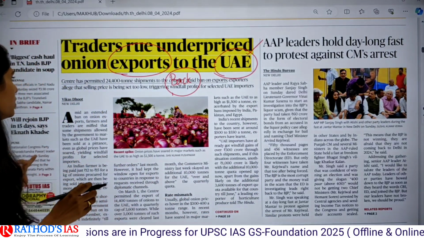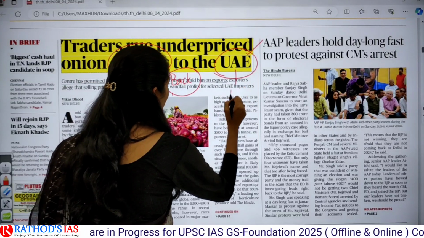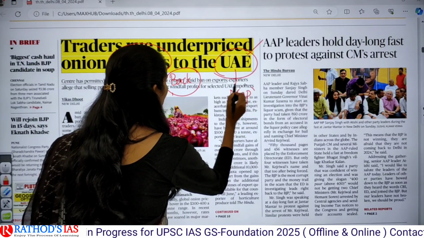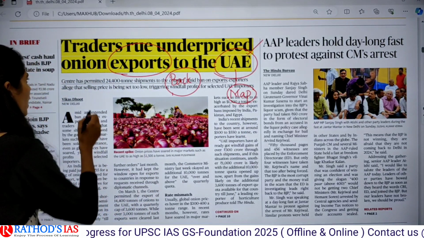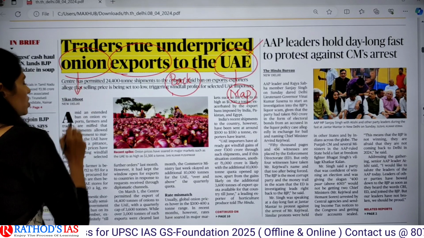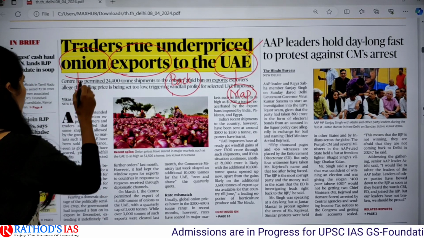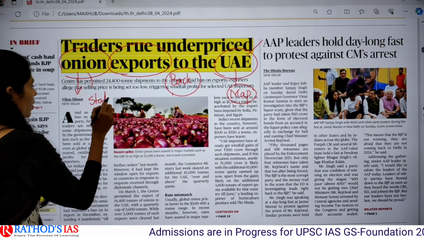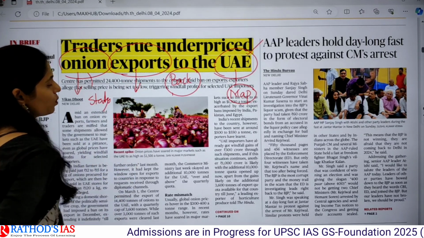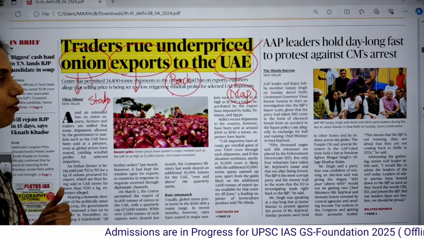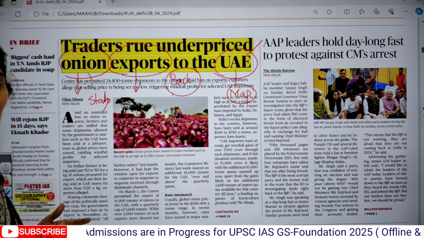So here you have to see some important dimensions: the map of UAE from a geography point of view, the geographical conditions suitable for the growth of onion, in which states in India onion is grown, what its exports and imports are, that is the foreign trade of India, and India-UAE relations.